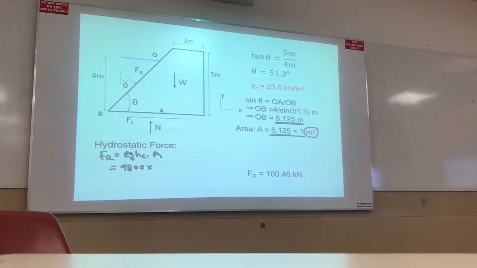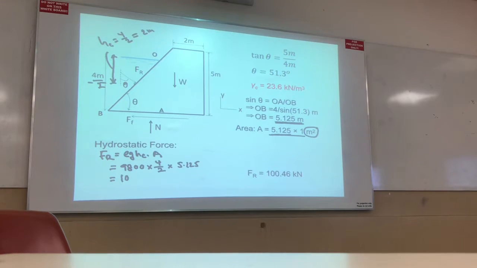What is hc? 4 by 2, 2 meters. What is the area? 5.125. Then I get 10046 kilonewton.